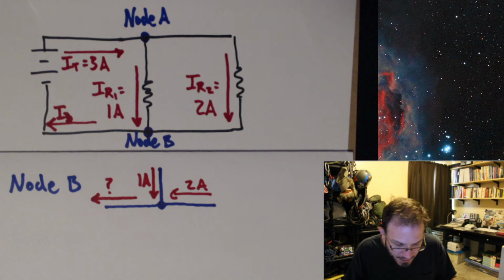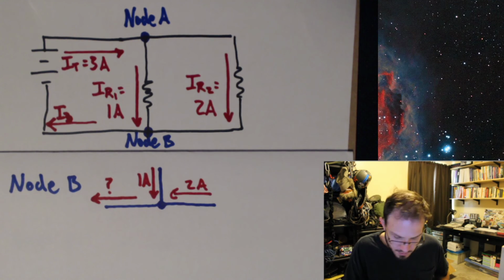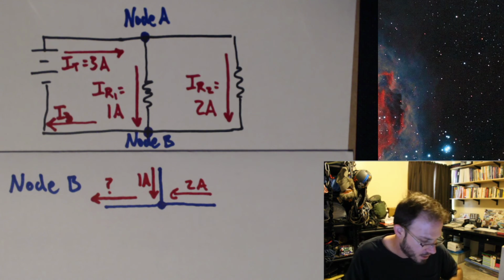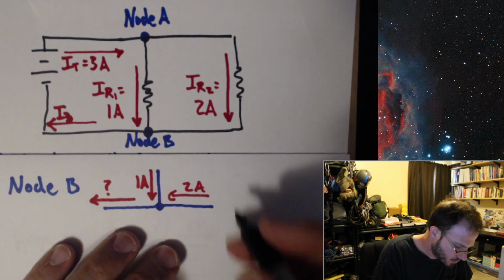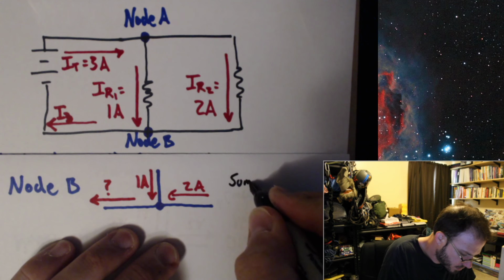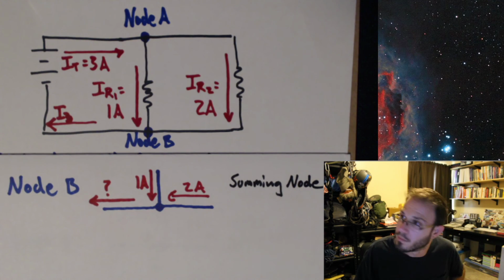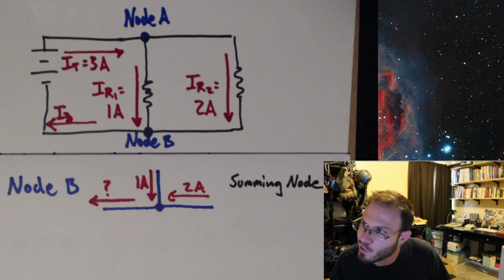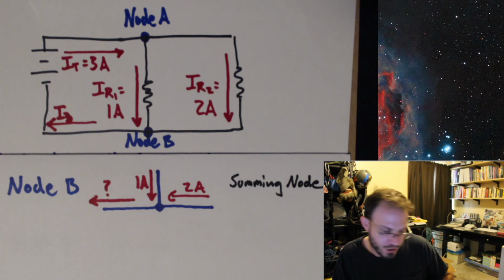And notice what's happening here. 2 currents entering, 1 current leaves. This is a summing node. We are adding the currents together. So in this case, if we want to answer the question of what is I3, we can write a KCL expression.